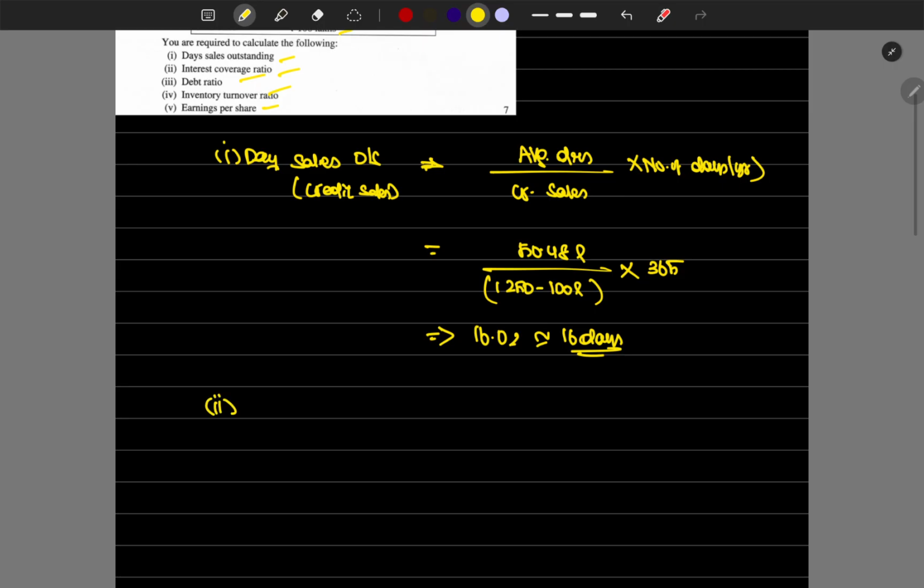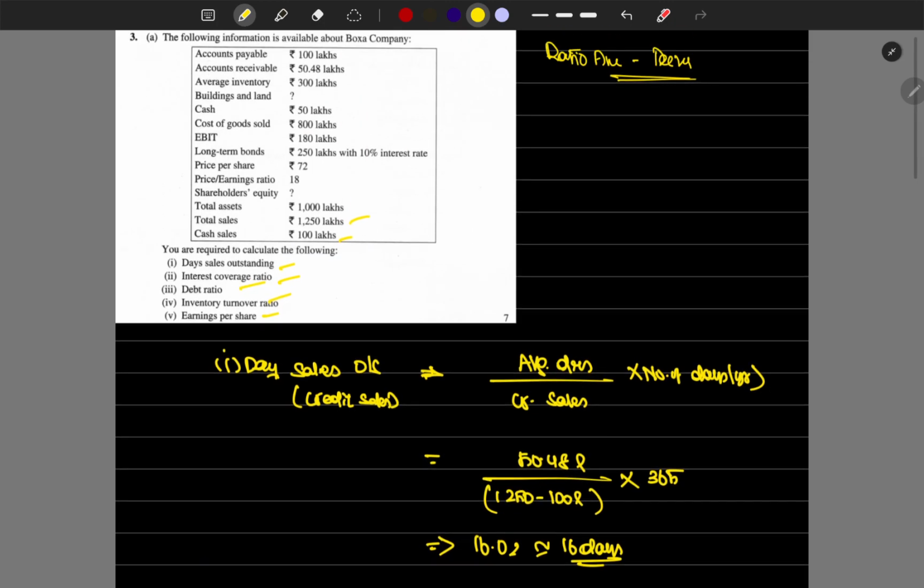Next is the interest coverage ratio. The formula is EBIT divided by interest. Sorry, this is not a percentage, this is a ratio.